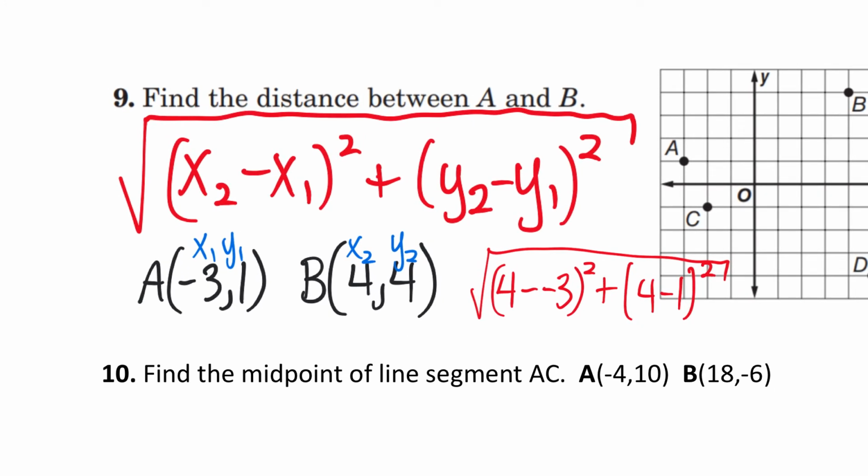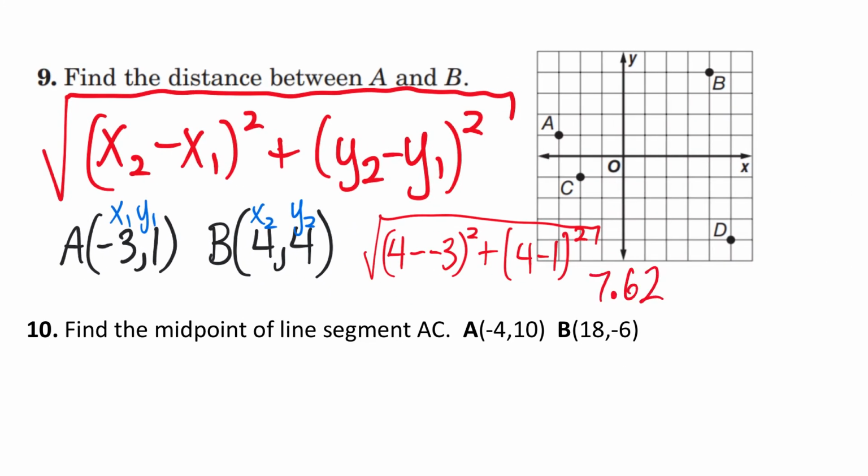Okay, go ahead and type this in your calculator. I want to come by and check your calculator real quick. Okay, so that gives you about 7.62, something like that.